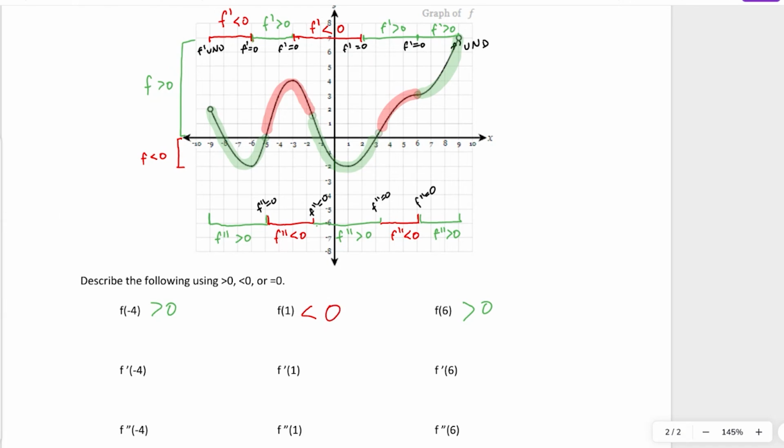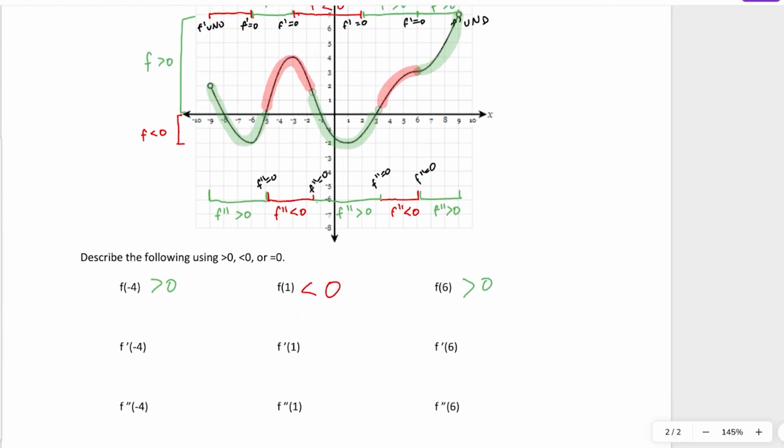All right, so now we'll talk about the first derivative. We'll go back to -4 here. Is the first derivative positive or negative here? So in other words, is the slope positive or negative? Slope is positive, so first derivative is positive.